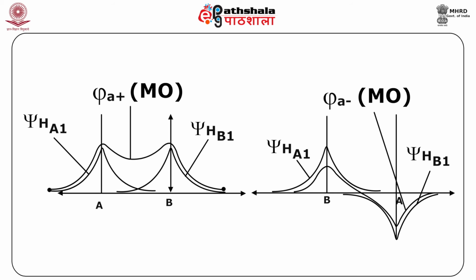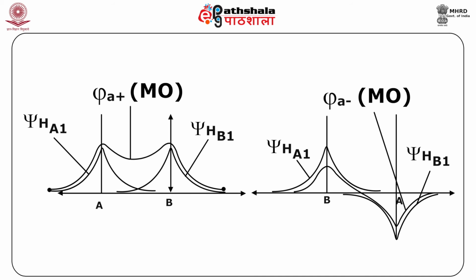The bonding molecular orbital, which is obtained by the additive combination of these two, is shown here, and that is the phi A plus MO. Whereas on the right hand side we have the two atomic orbitals, but psi HB1 is shown inverted. Why? Because it is a negative combination, and therefore here it passes through a minimum, as you can see.